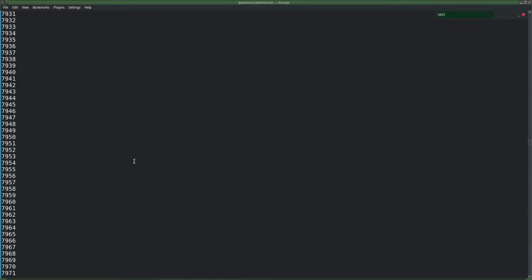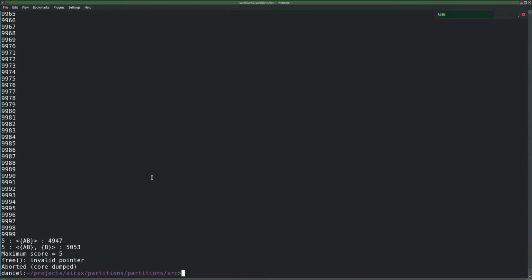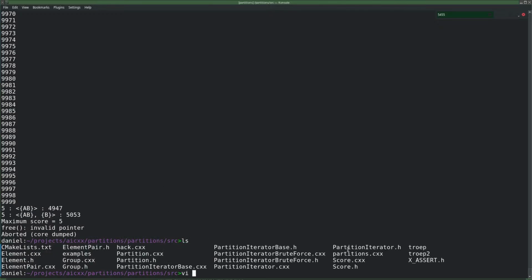And what is this? Oh, that is 10,000 temps. Well, then we have something that is horribly broken. Let's figure out exactly where that bug is before I go to bed, okay?